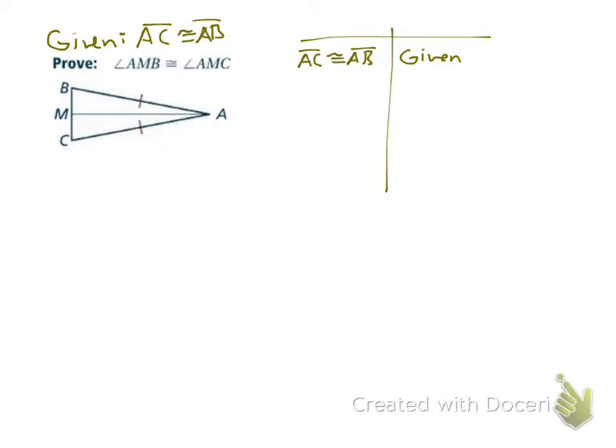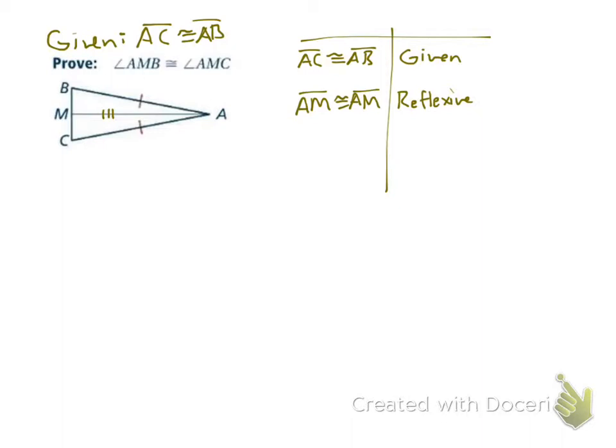We got a reflexive, okay. AM is congruent to AM. All right, now I've used the given that was labeled, and I had the reflexive property.